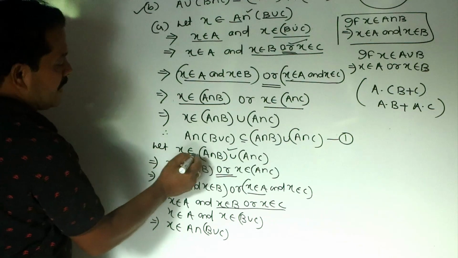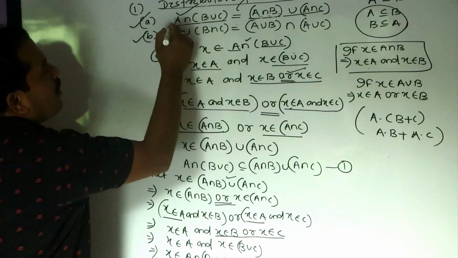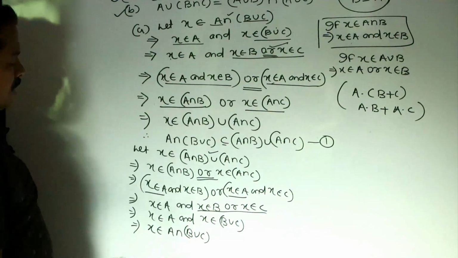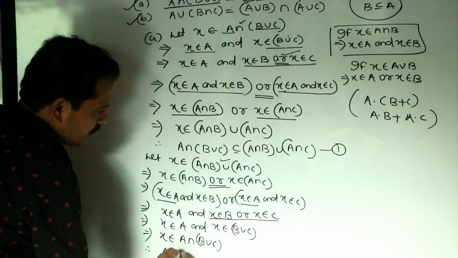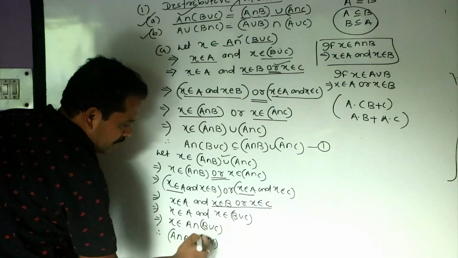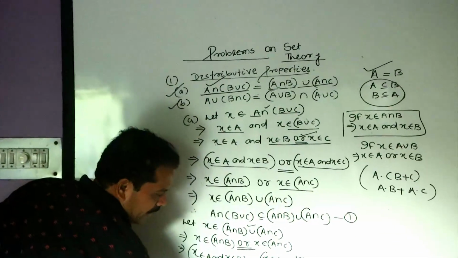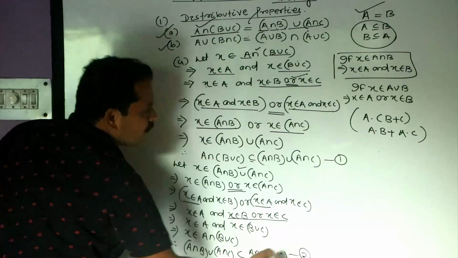First, we take x as an element of this set. Now we have proved that x is also an element of A intersection B union C. Hence A intersection B union A intersection C is a subset of A intersection B union C. This is 2.